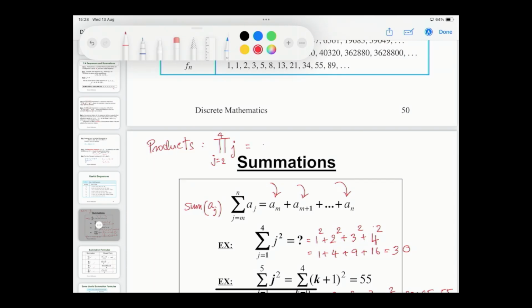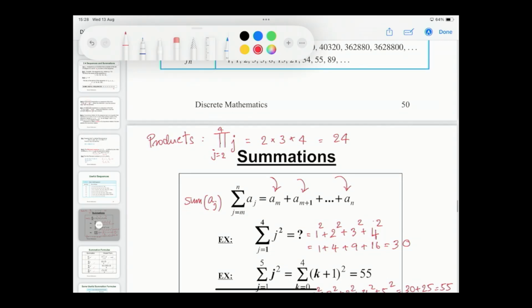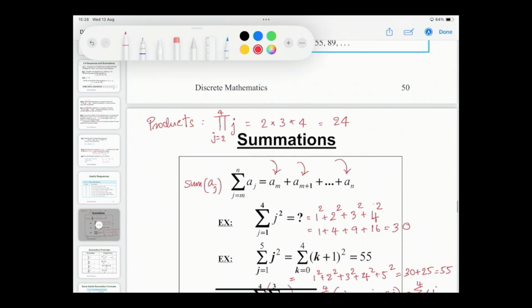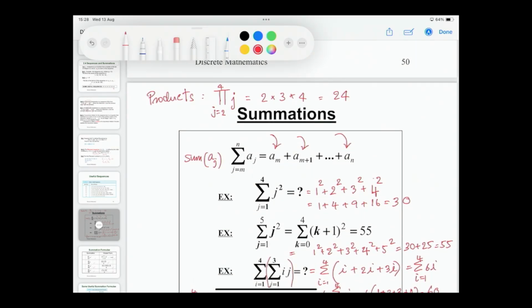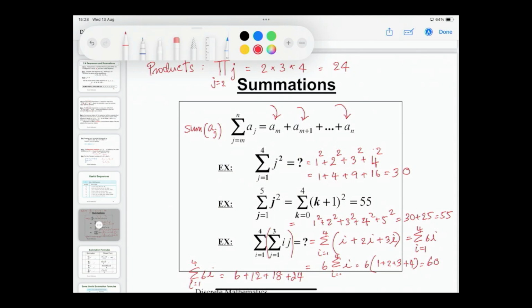So that would be 2 times 3 times 4. So the way it works is similar to what we do for the summation, but instead of the addition, it's a product, multiplication.